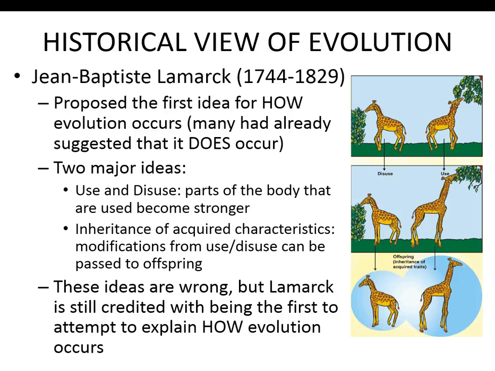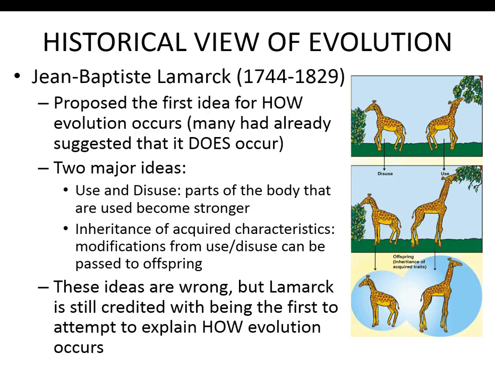So use and disuse means that we develop the parts that we use. That might apply to going to the gym and working out and building up very large muscles. You're using those muscles, maybe your biceps or your quads, and so you're developing them, you're gaining strength in those muscles.